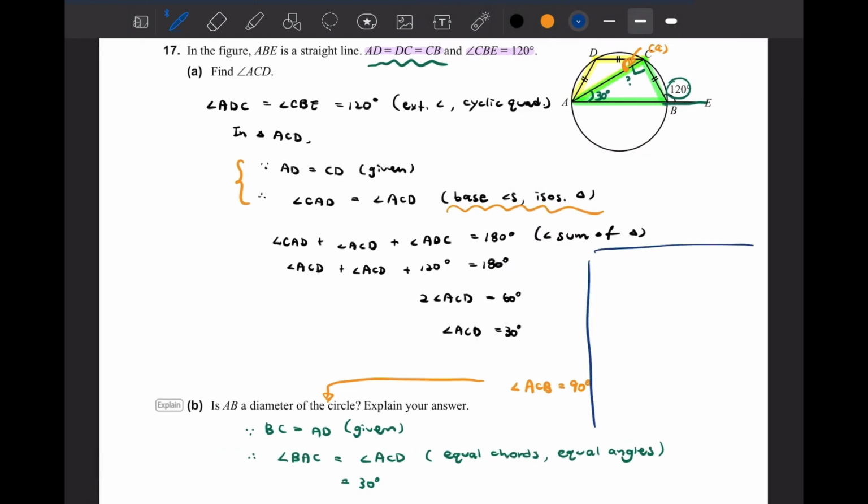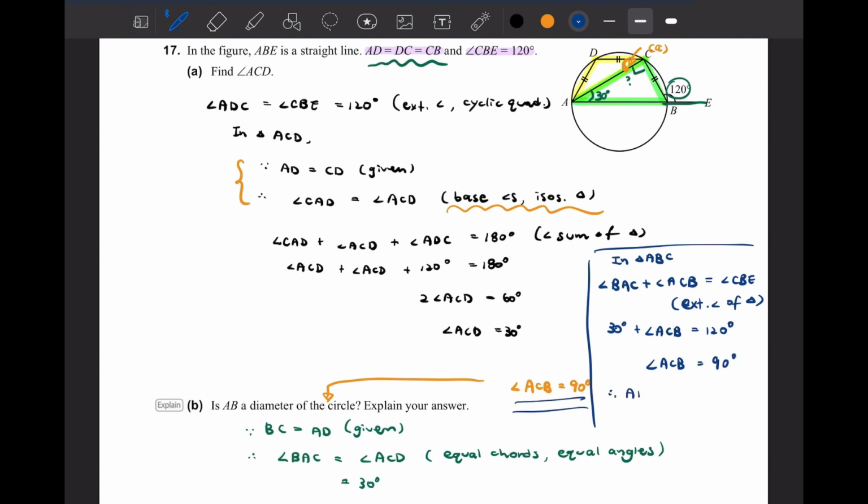So in triangle ABC, your angle BAC adding angle ACB will equal angle CBE because of exterior angle of triangle. So therefore, 30 adding ACB is equal to 120 and ACB is 90.